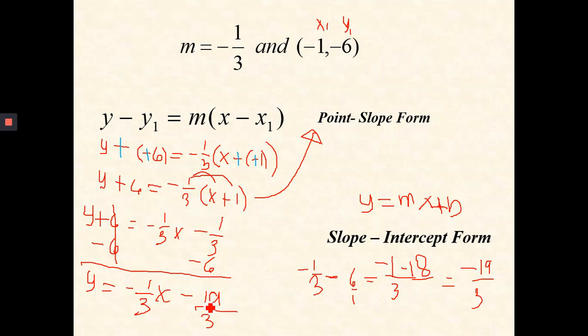This is now the equation of the given line in slope-intercept form. If the instruction is to give the equation of the line in point-slope form, you're just going to end up here. That is already the answer. But if you are required to give your answer in slope-intercept form, then this should be the final answer. Okay?